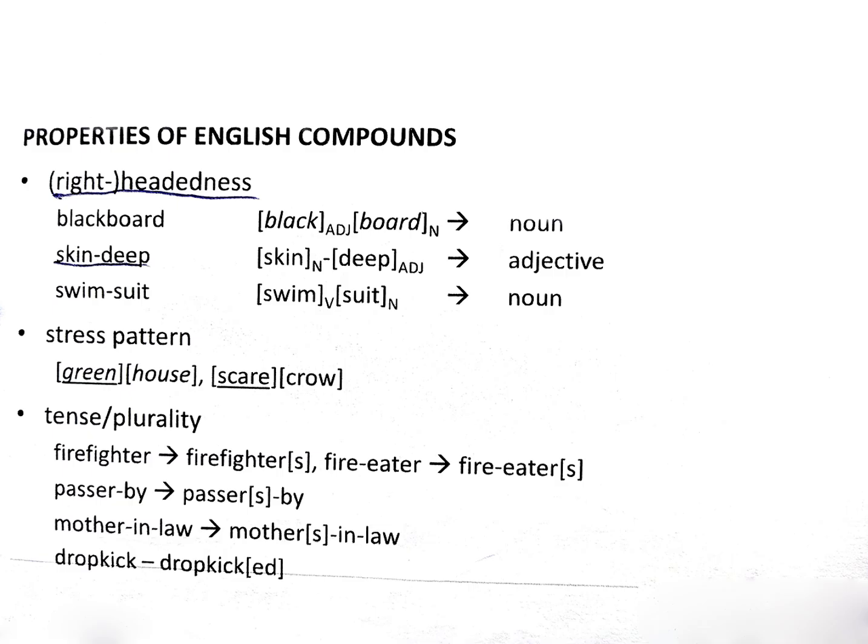The first one I want to talk about is the red-headedness, or put simply, that in the process of compounding, the free morphemes can be different types of free morphemes, or different types of words.